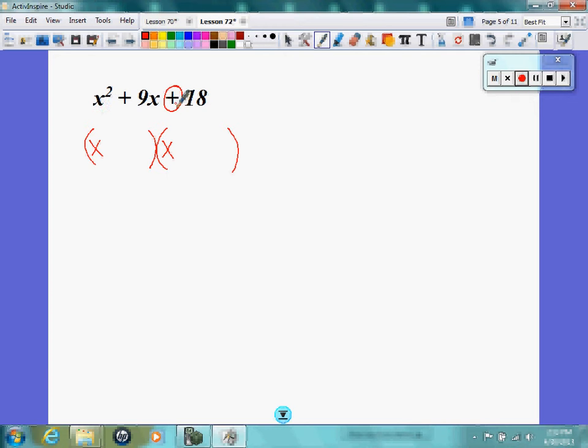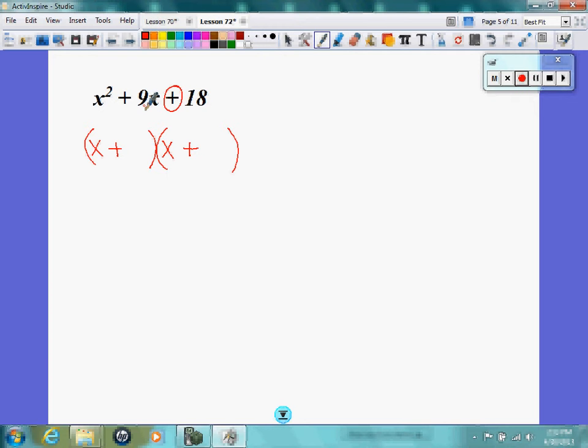Now we look at the sign of the constant term. It's plus, so that makes us know that both these signs will be positive, because when we do last times last, a positive times a positive is in fact a positive. And now we look for factors of 18 whose sum is 9.